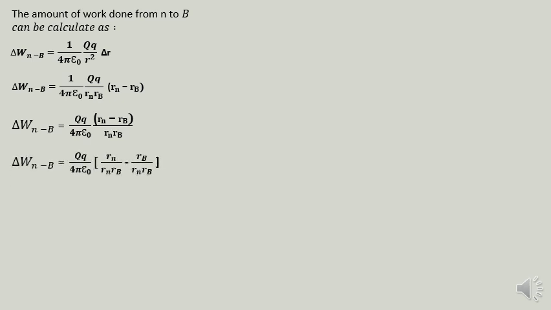Now separate these equations, so we get delta W n to B is equal to Qq upon 4 pi epsilon naught Rn over Rn Rb minus Rb over Rn Rb. Now Rn cancels with Rn and Rb cancels with Rb, so we get delta W n to B is equal to Qq upon 4 pi epsilon naught 1 over Rb minus 1 over Rn.